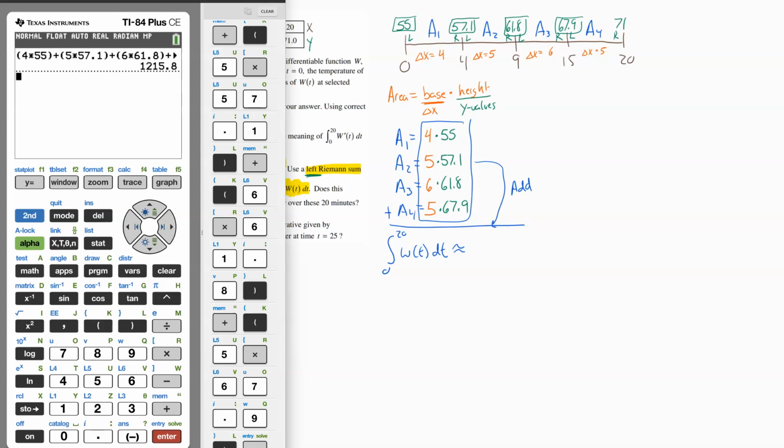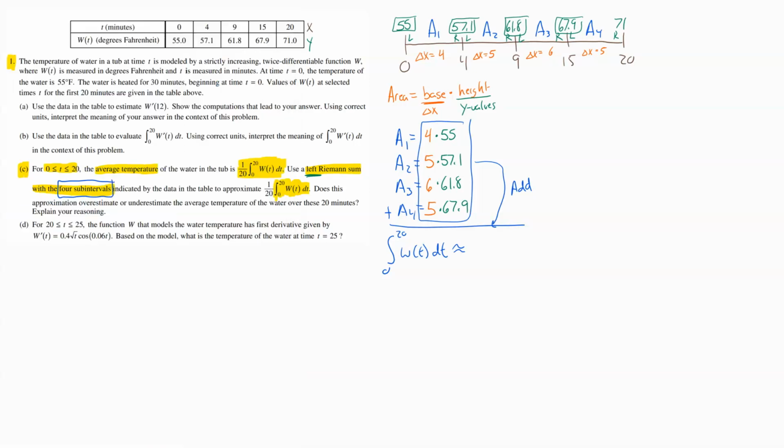So then out of there, I get 1,215.8. And then I need to remember that this is an average, and so I need this 1 over 20 portion up front. So 1 over 20 times our integral from 0 to 20 of W(t) dt is going to equal 1 over 20 times that number we just got out of our calculator.